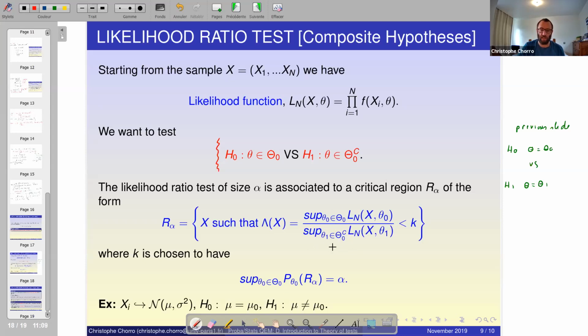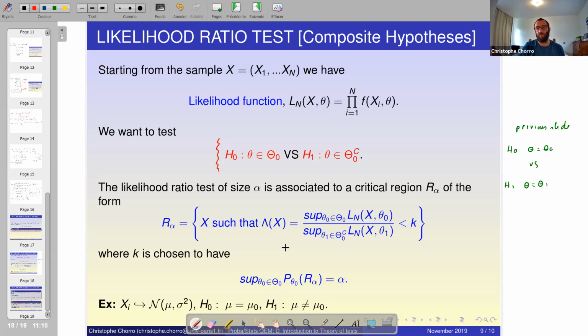That is, I will reject when this ratio is smaller than a particular quantity, strictly less than a particular quantity K that I have to fix. And the way I will fix it is by imposing the definition of the level here, and I will obtain my K by fixing my level.